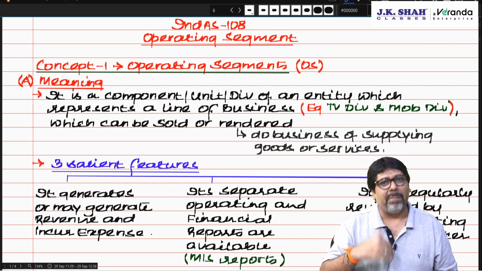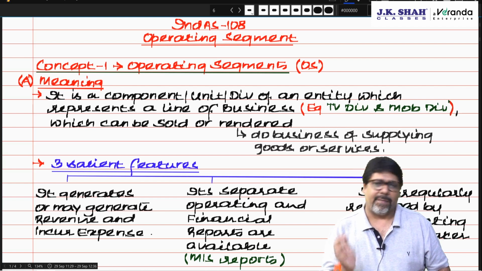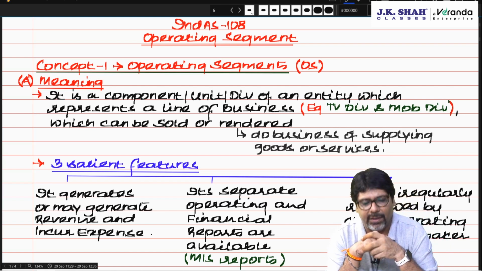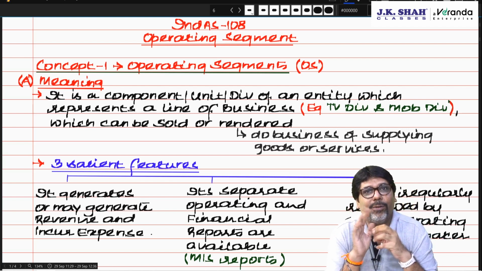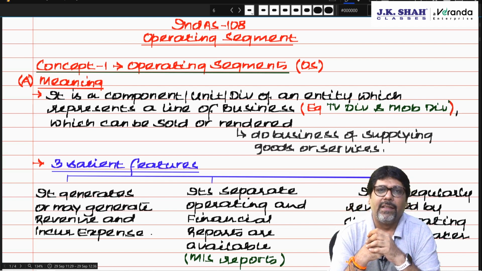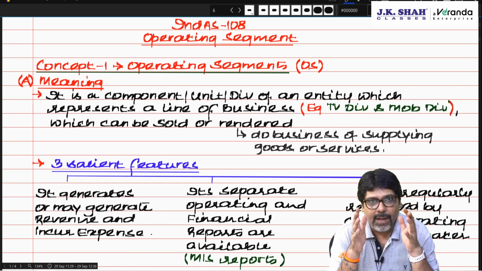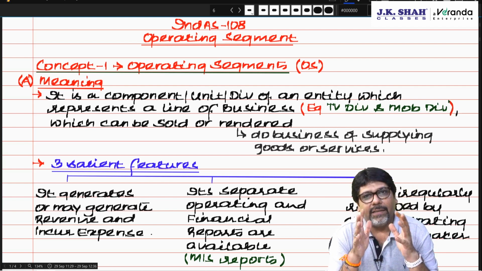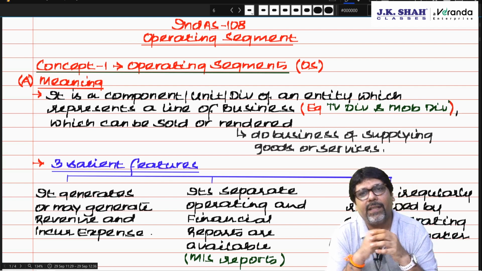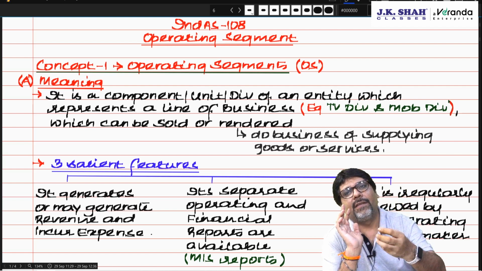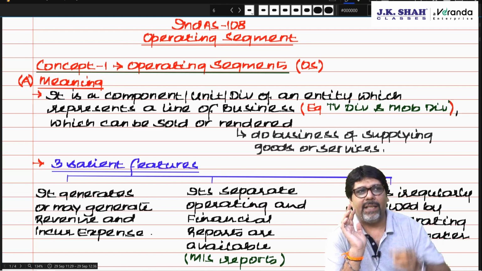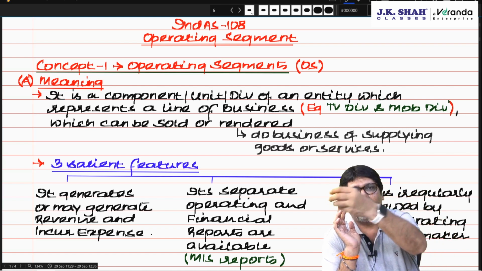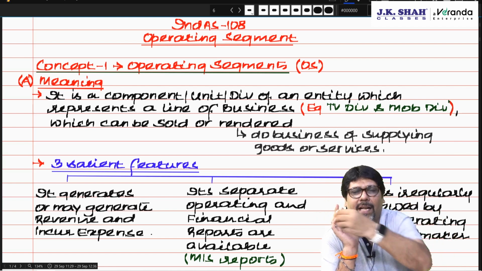Generates and may generate means it can be a startup also. Second is that its operating and financial policies and reports are available. You must have noticed in an organization that the chief executive officer gets reports from, like Mr. Mukesh Ambani gets reports from Reliance Retail, Reliance Finance, Reliance Telecom, Reliance Petroleum.